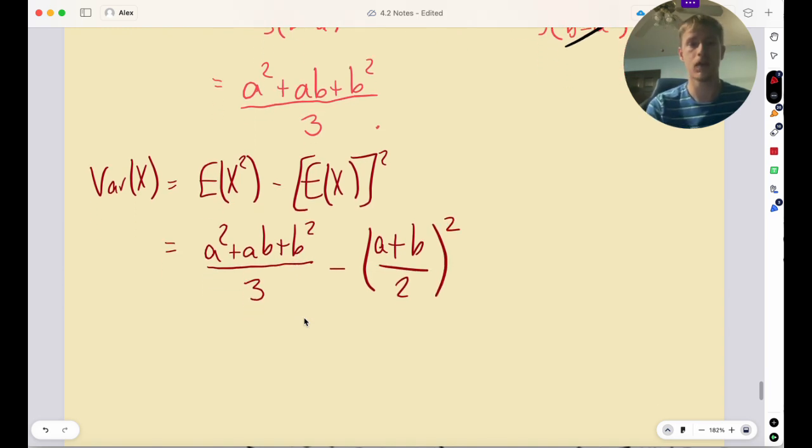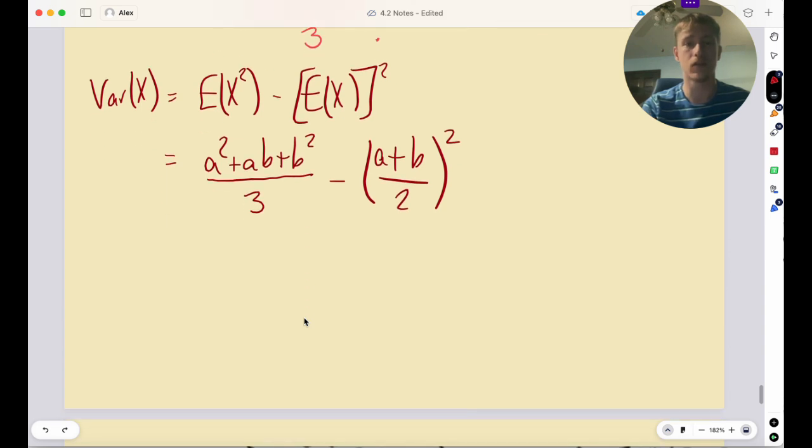Well, this is going to have a denominator of 4, and this has a denominator of 3. So I want everything to have a denominator of 12. All right, so this is going to be 4 times a squared plus ab plus b squared, minus, and then I want this to have a denominator of 12, so I need to multiply it by 3.